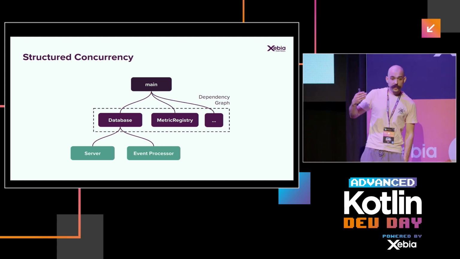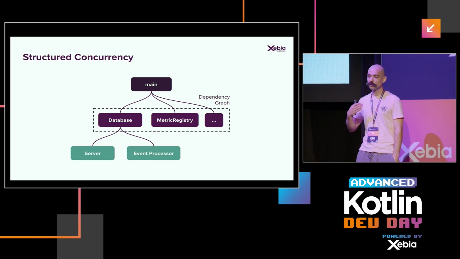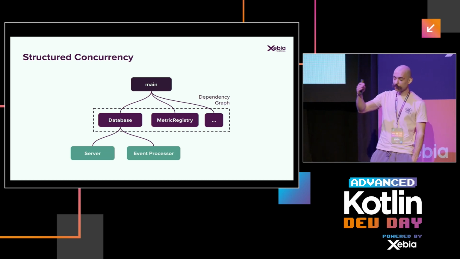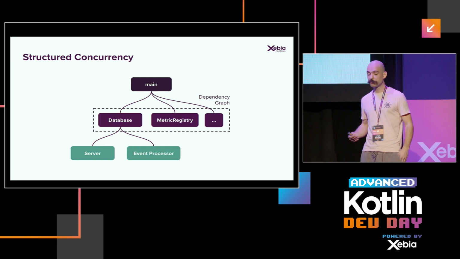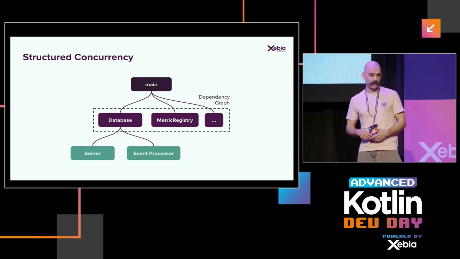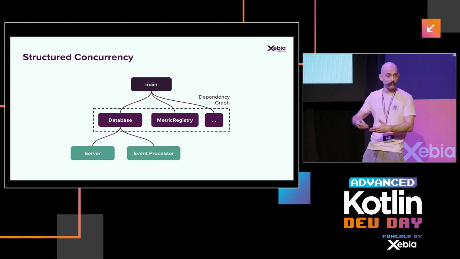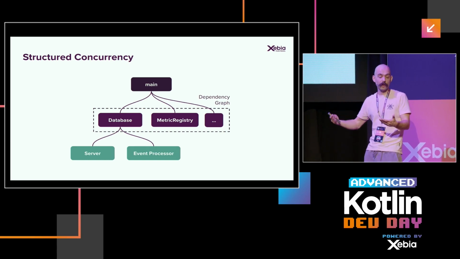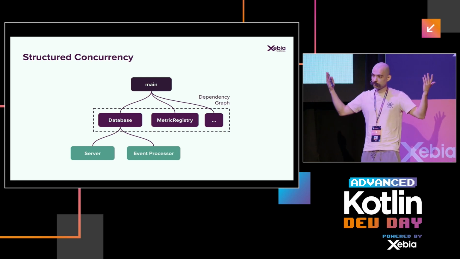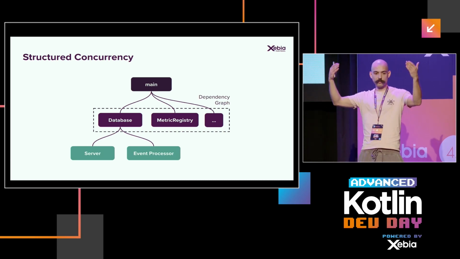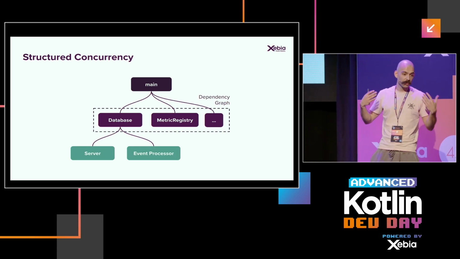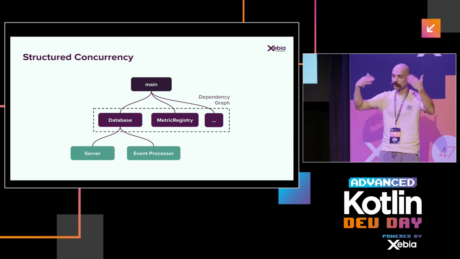So when we need to shut down the main process, we need to apply the same techniques as we've seen in structured concurrency. We first need to shut down the server and the event processor before we can shut down our dependency graph. Because if we would shut down the database before we shut down the server, then some ongoing requests in the server might still require the database, and if it's already gone, then things will fail. So again, when we have these resources, we create them from the top to the bottom, and when we need to terminate them, we need to terminate them from the bottom back to the top.